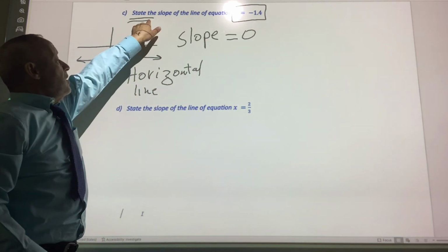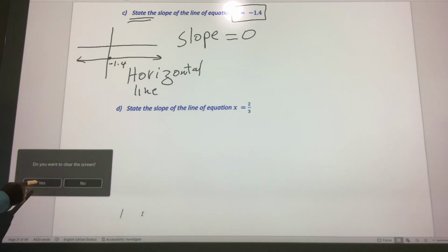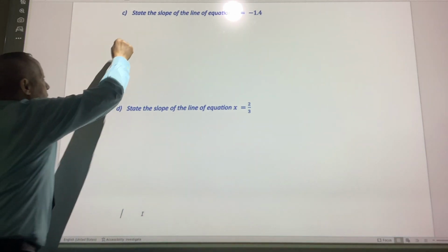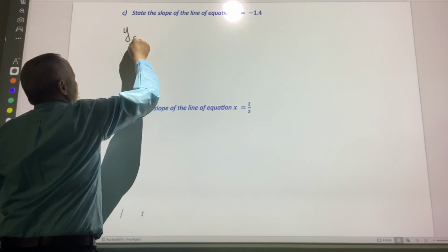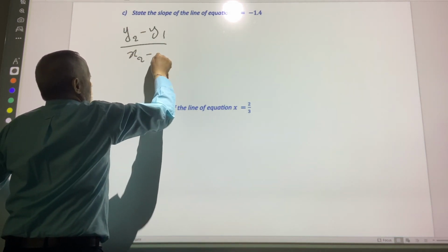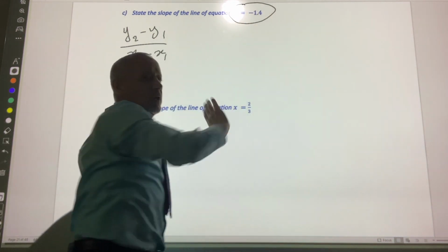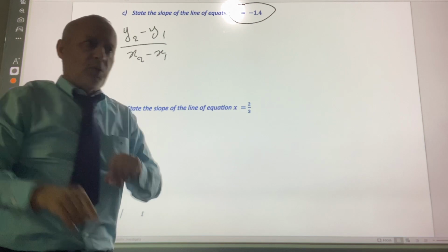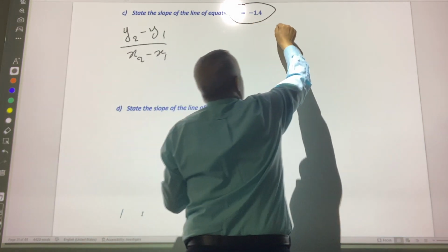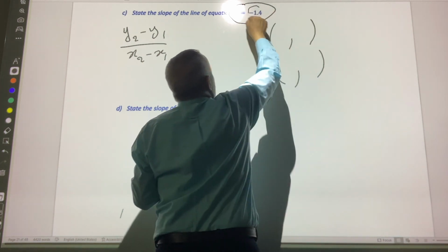Just state it. In case you forget, you can calculate the slope using y2 minus y1 over x2 minus x1. An equation like this gives you a line with all the points having y equal to negative 1 over 4. If you take any 2 points on this line, the y is always constant.